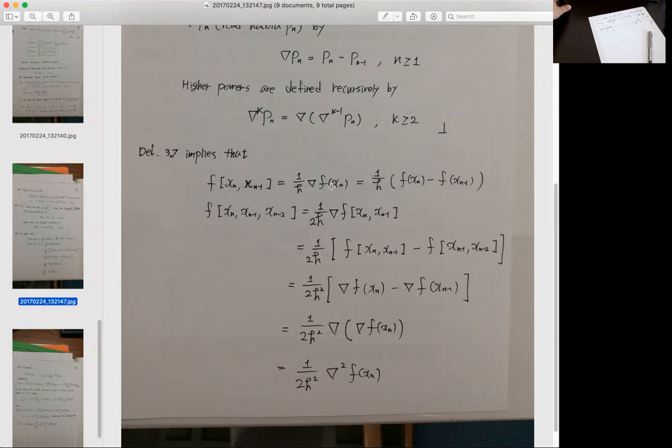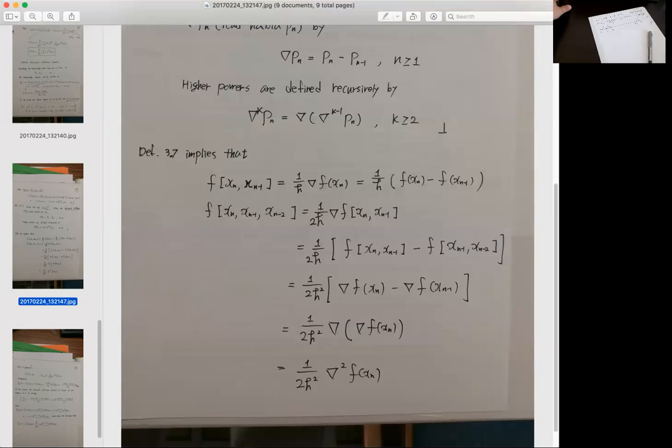And for that divided difference, it can be expressed as 1 over 2h times nabla squared f of xn.